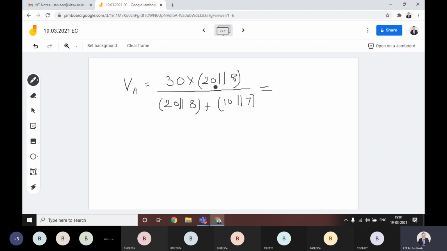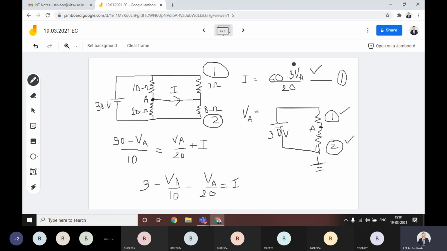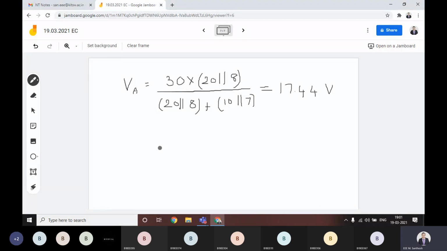What is the value of VA? If you have calculated VA, 17.44, sir. Very good, 17.44. If you calculate, you will get the value 17.44 volts. If you have VA, then directly you can have the value of I. You substitute VA here, 17.44, then you will get the value of I. What is the value of I?